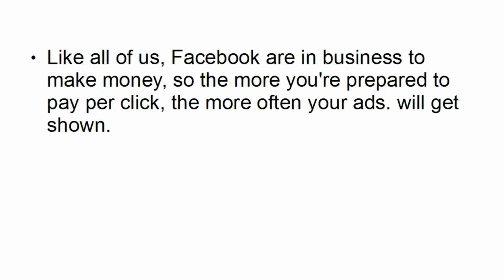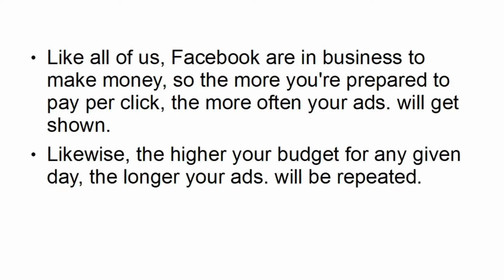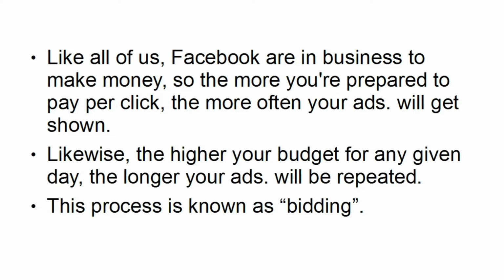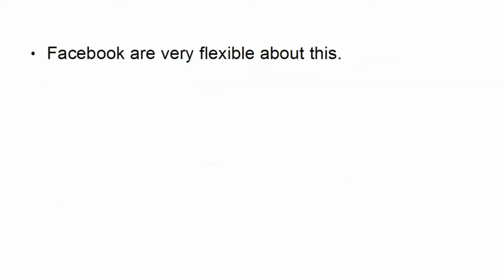Like most of us, Facebook are in business to make money, so the more you're prepared to pay per click, the more often your ads will get shown. Likewise, the higher your budget for any given day, the longer your ads will be repeated, and this process is known as bidding. And Facebook are very flexible about this.